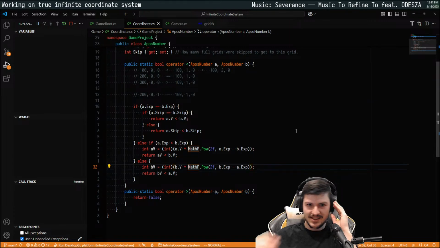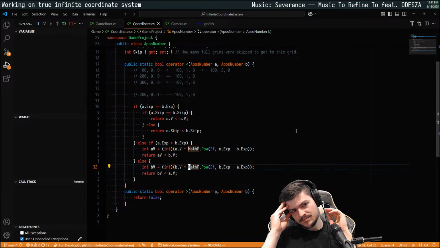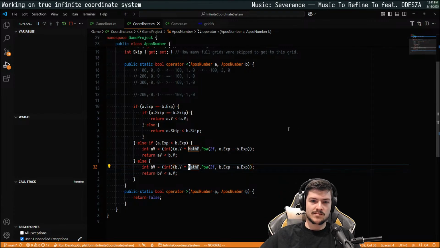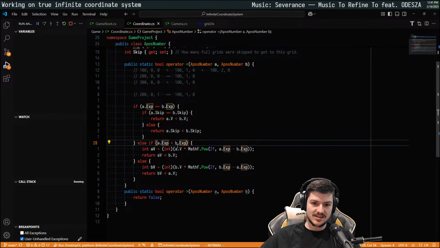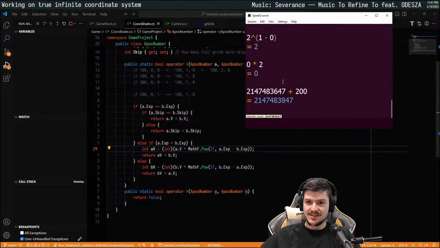I think that works. If the exponent is smaller, this 2 to the power of, so this is 0 minus 1.